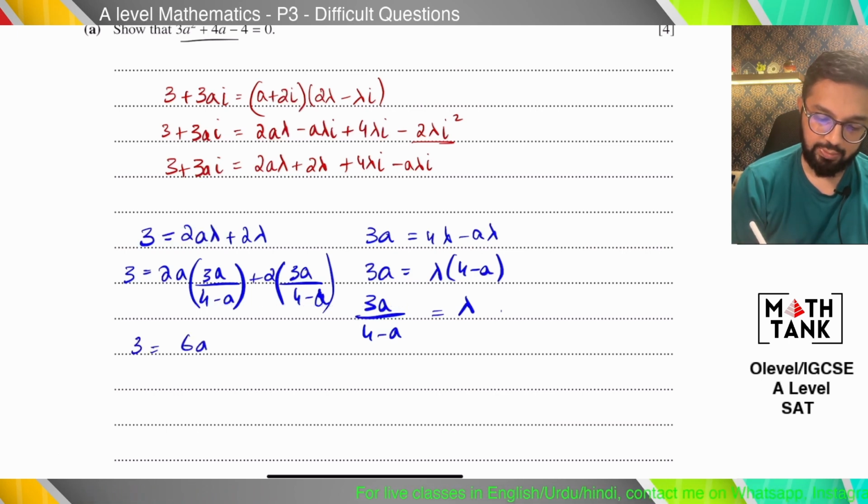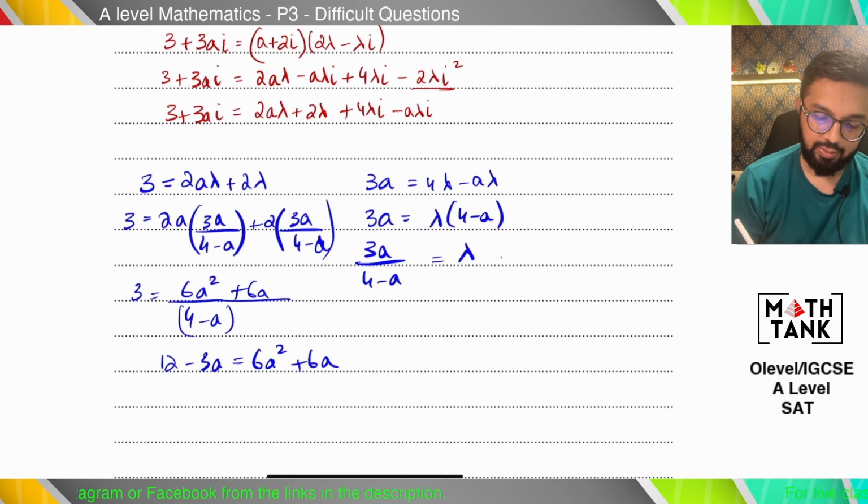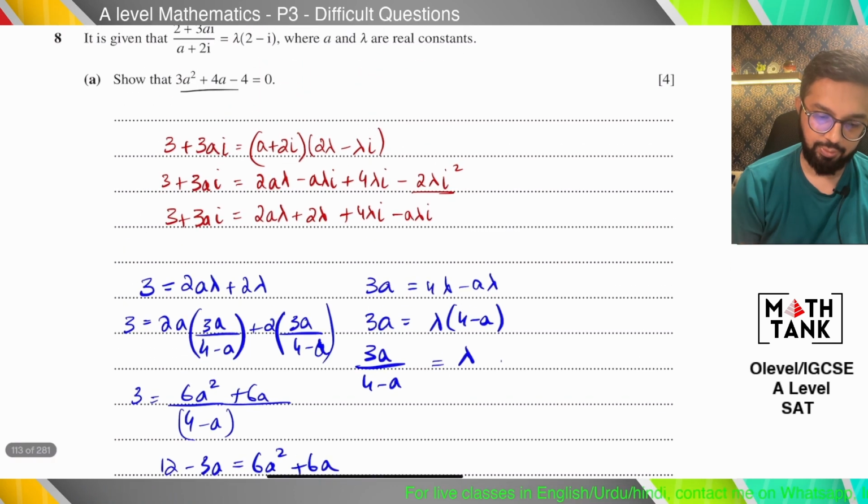So 3 equals 6a squared over 4 minus a plus 6a over 4 minus a. So 12 minus 3a equals 6a squared plus 6a. So 6a squared plus 9a minus 12 equals 0.